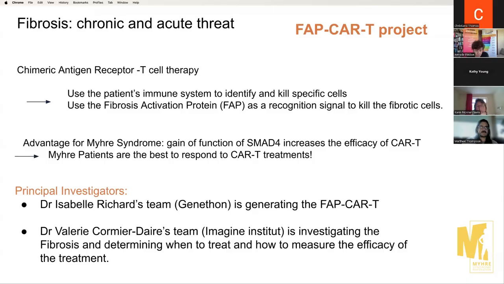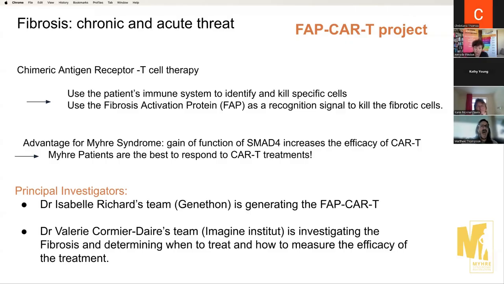So we gave a grant. We invested in that technology. We gave a grant to a team, on the one part, Isabelle Richards' team at the Genethon in Paris. They are generating the FAP-CAR-T.